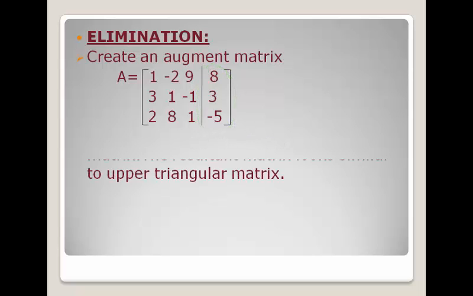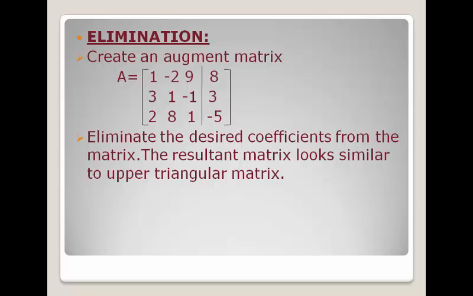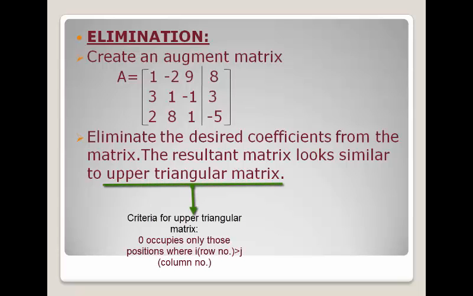Our next job is to eliminate certain coefficients from the matrix. We will eliminate the coefficients in such a way that the resultant matrix looks similar to an upper triangular matrix if we do not consider the last column.